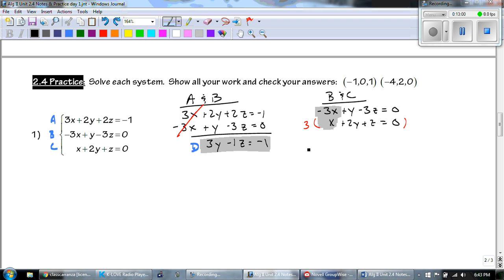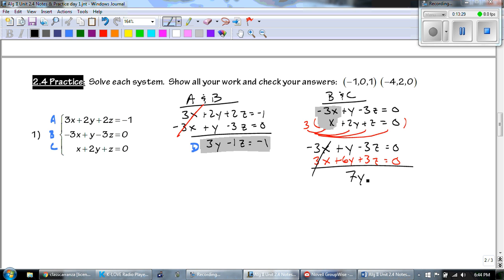So the top equation stays the same, the negative 3x plus y minus 3z equals 0, and I'm going to multiply by 3. So we get 3x plus 6y plus 3z equals 0.